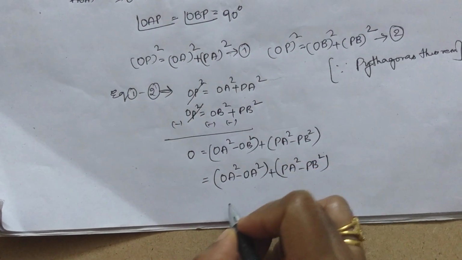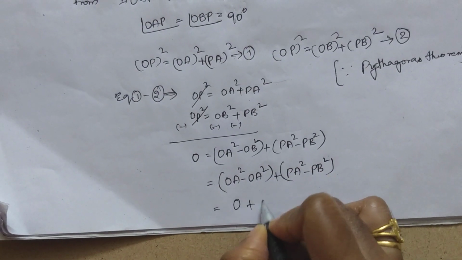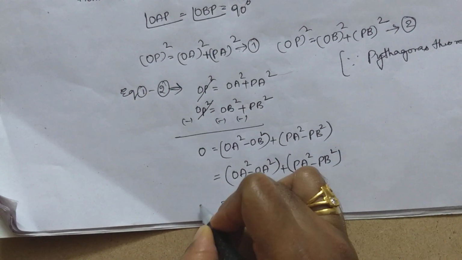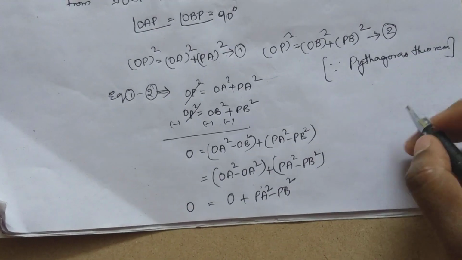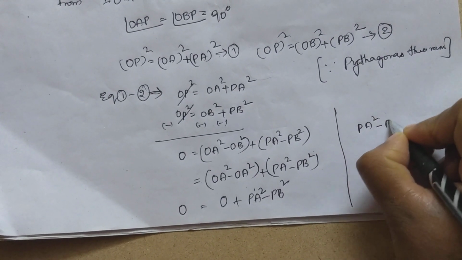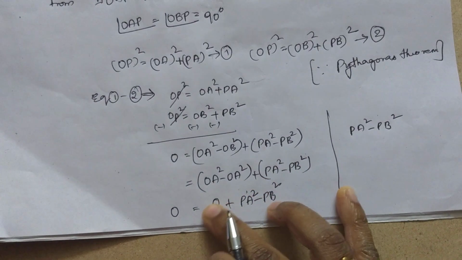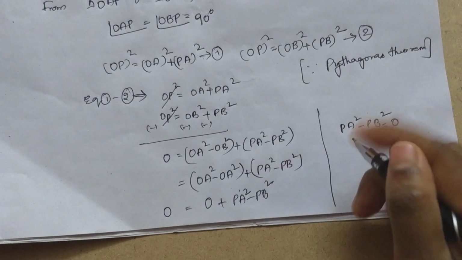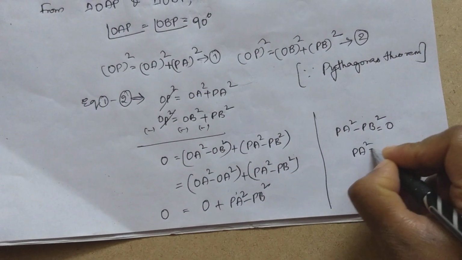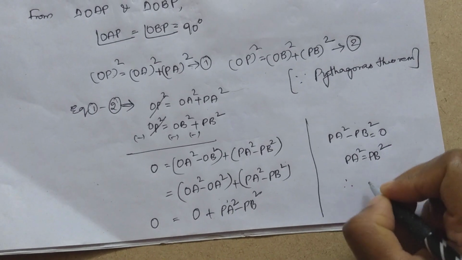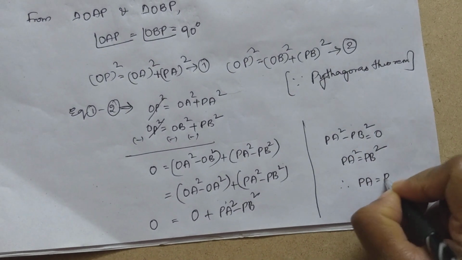OA square minus OA square becomes 0, plus PA square minus PB square equals 0. So PA square minus PB square equals 0. Therefore, PA square equals PB square. So from this, therefore, PA equals PB.